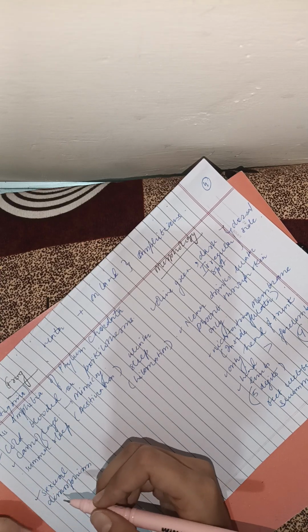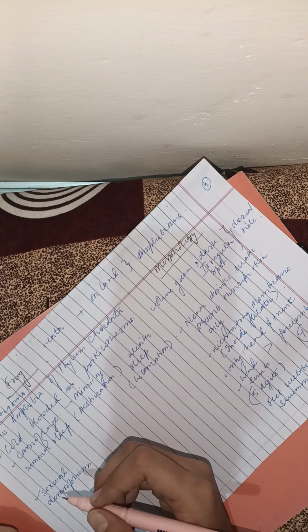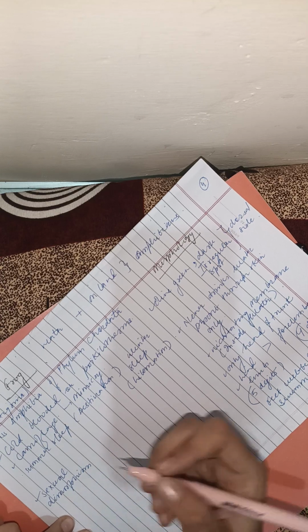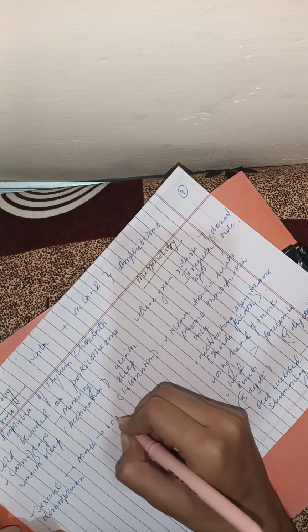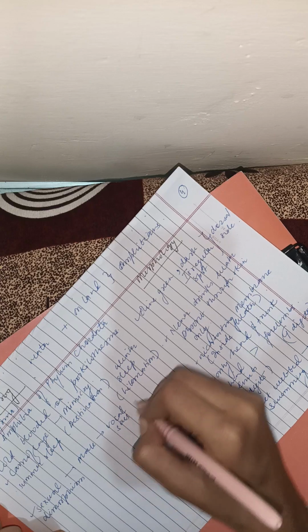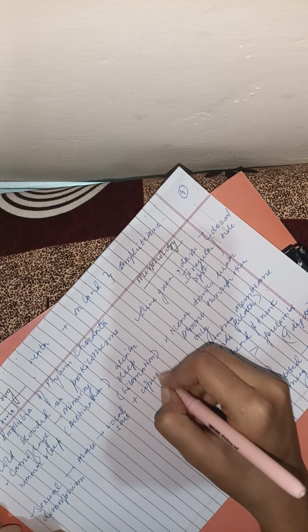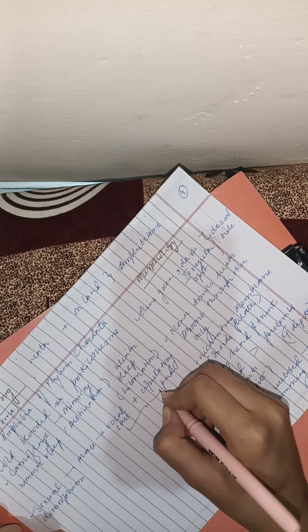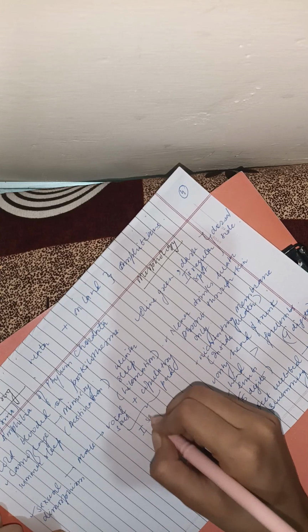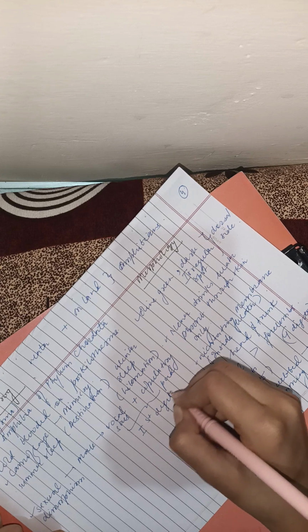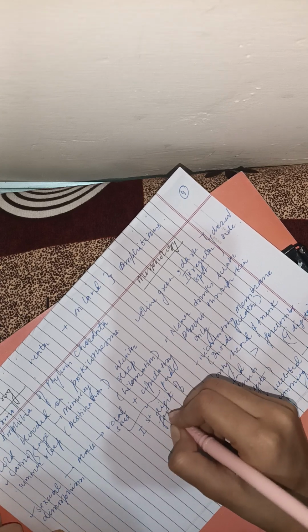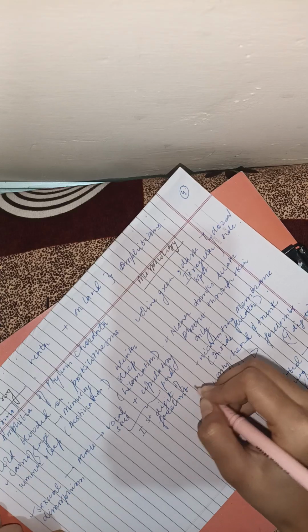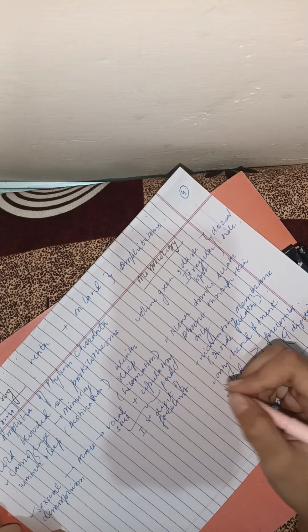Frogs show sexual dimorphism. The male frog possesses developed vocal sacs and also a copulatory pad on the first digit of the forelimb, which are absent in female frogs.